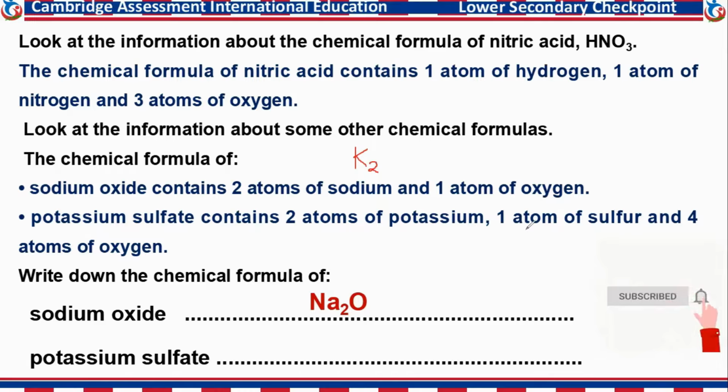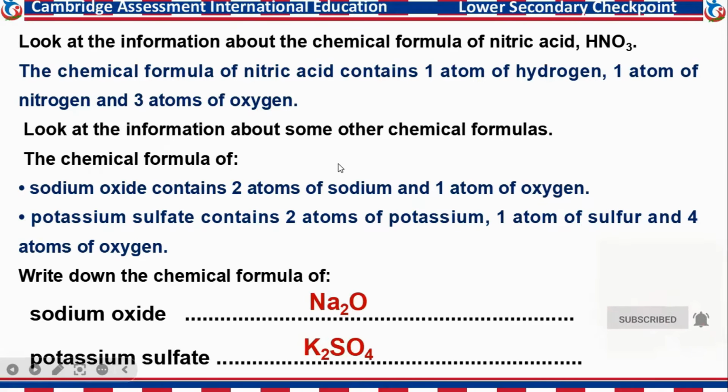Then it says 1 atom of sulfur, just the symbol for sulfur, which is S. Then 4 atoms of oxygen, so you have the symbol for oxygen, and then the 4 as a subscript. With this, we fill our space provided as K2SO4. That is the formula for potassium sulfate. So with this, we are good and can proceed to the next one.